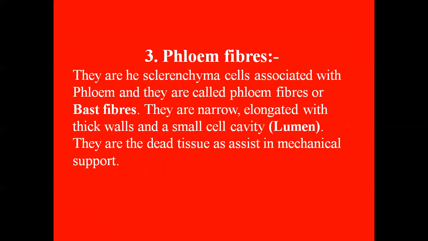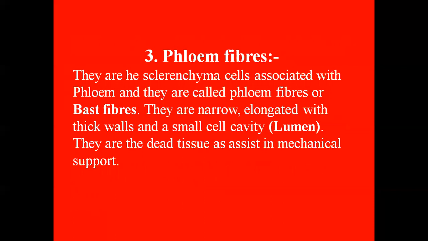Phloem fibers. They are the sclerenchyma cells associated with phloem and they are called phloem fibers or bast fibers. They are narrow, elongated, with thick walls and a small cell cavity.